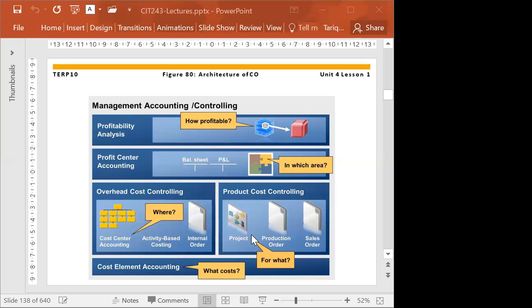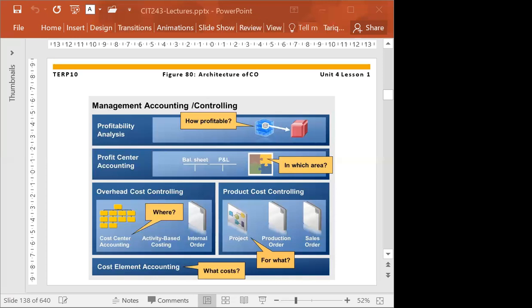The revenue postings come from sales and distribution, and they directly update the profitability analysis and the profit center accounting. So the revenue will directly jump to these parts.